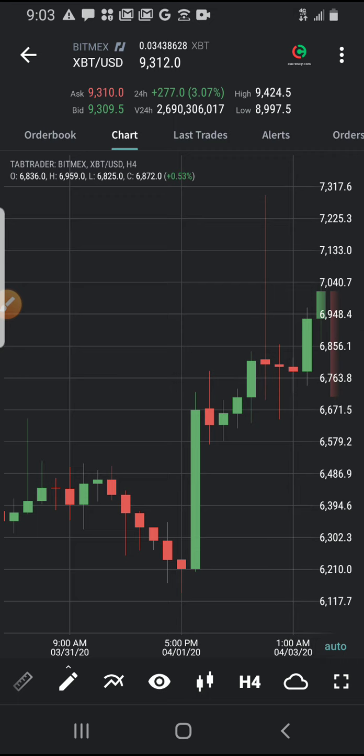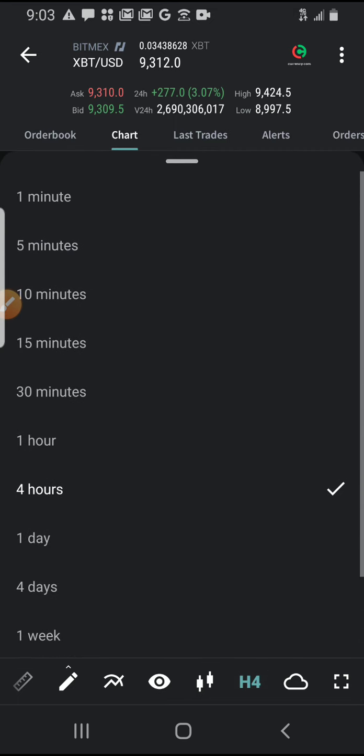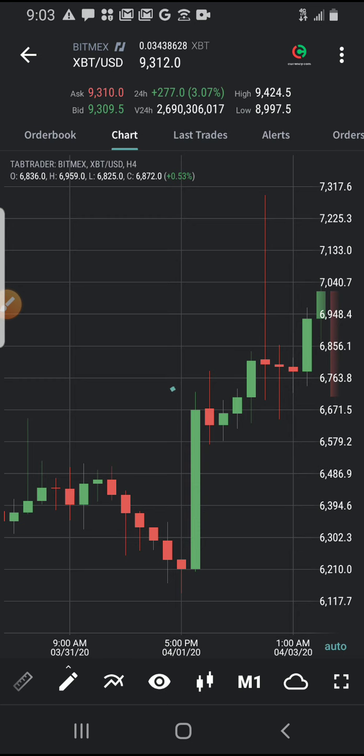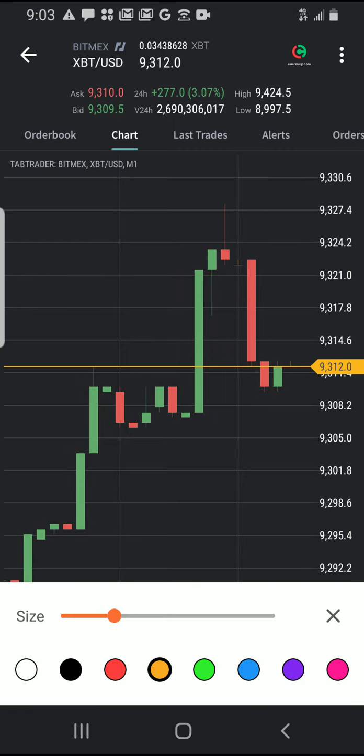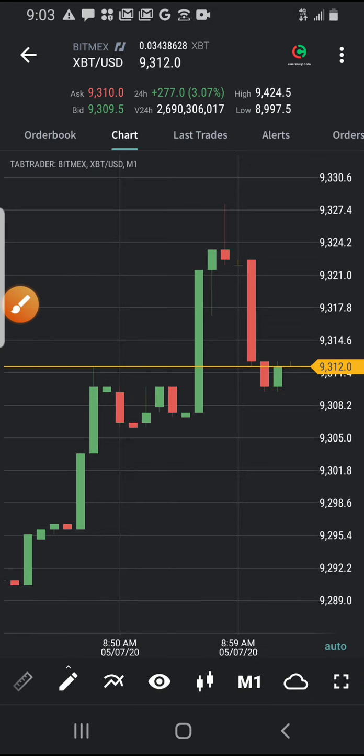It forms on every time frame depending on the time frame you are trading with. Now I'm using this H4, and you can switch to M1. You see where it formed again on M1. I don't know if you can see it here, the inverted hammer formed. So it can form anywhere.